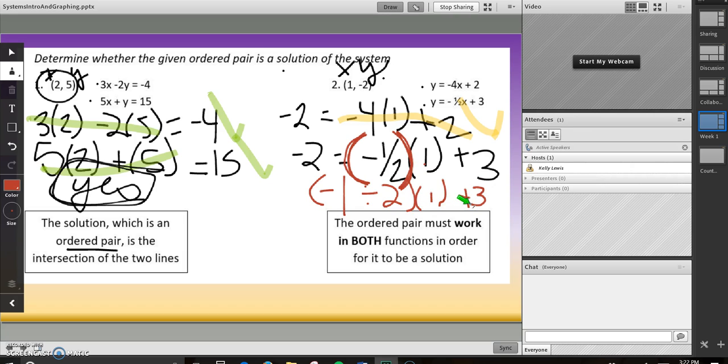Let's see if we get -2. -1 divided by 2, in parentheses, times 1 plus 3. And I get 2.5. I do not get -2. So this is a no. This is not the solution where those two lines intersect.